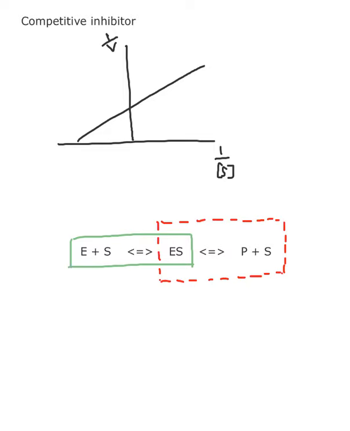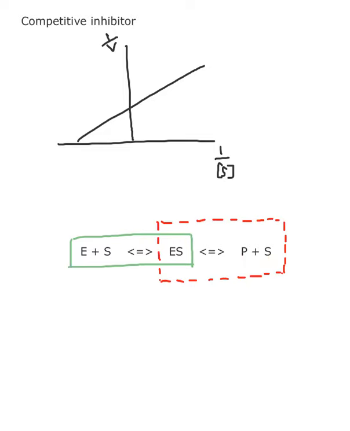So first of all, I would like to use this reaction here to explain what is the principle underlying here. You have enzyme and substrate, and next they bind to each other to create the enzyme substrate complex, and then it breaks down into the product and enzyme.